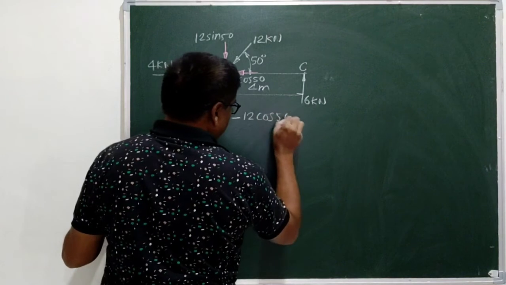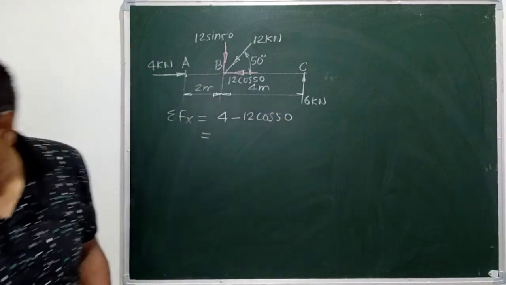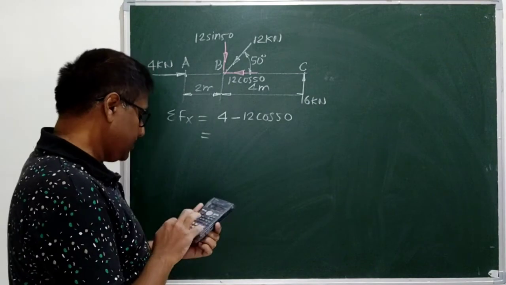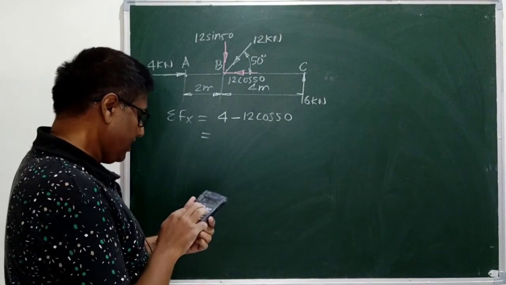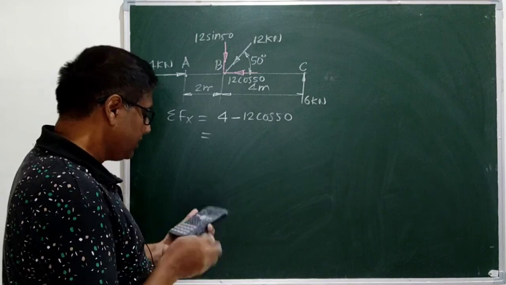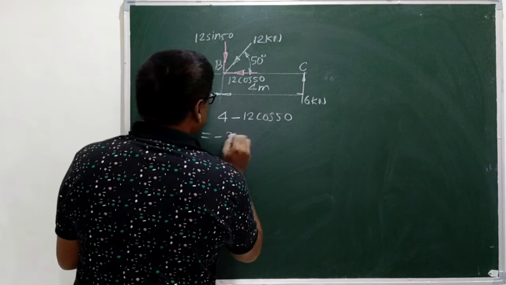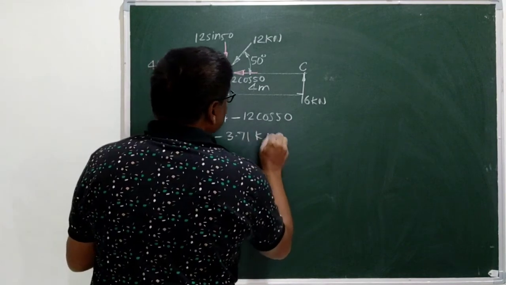Now let's find this using calculator. 4 minus 12 into cos of 50 is equal to, it is coming minus 3.71 kilonewtons.